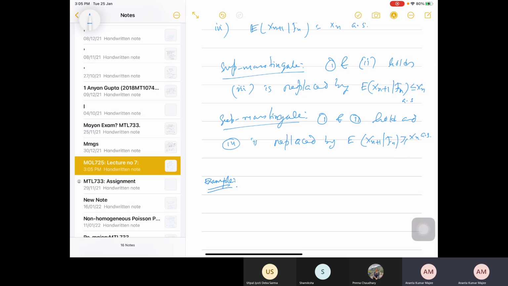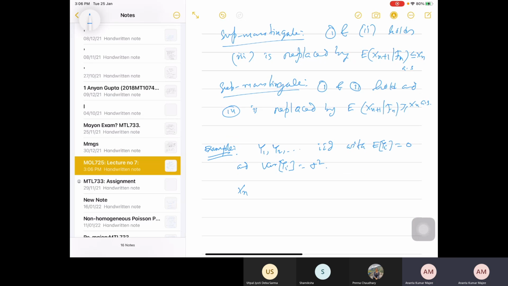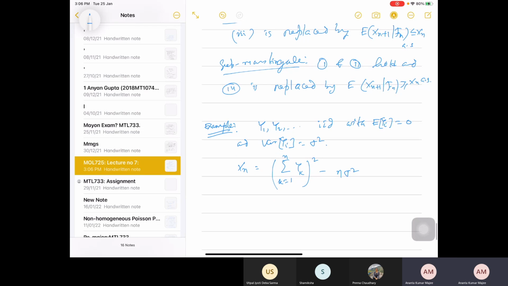Suppose I have Y1, Y2, and so on, which are IID with mean 0 and variance sigma squared. Now I define X_n, which is the summation over k equal to 1 to n of Y_k, that whole squared, minus n times sigma squared.